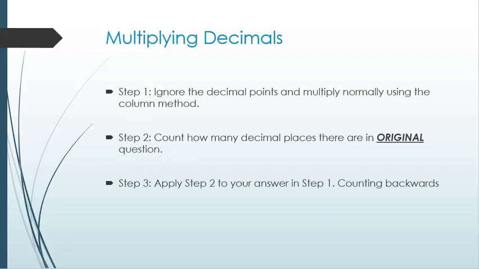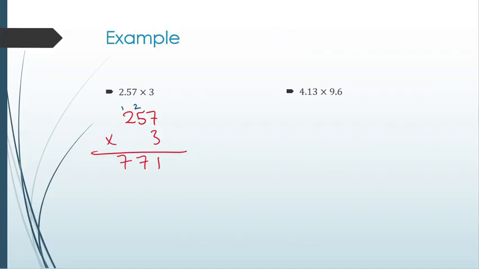Now, step 2 says count how many decimal places there are in the original question. Now, this applies to both numbers. Let me just apply this. So this applies to both numbers. Okay, so that means in this case, I have to look at the 3 and the 2.57 here.